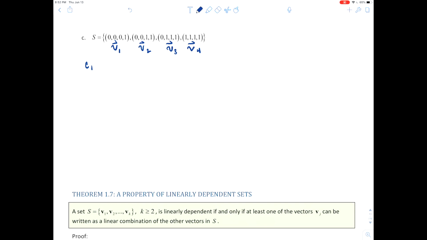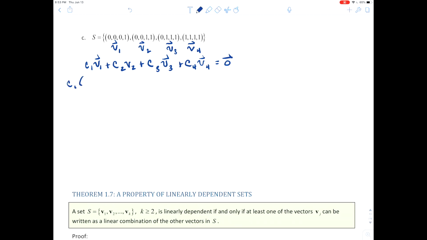Beautiful. We're going to have C1 times V1 plus C2 times V2 plus C3 times V3 plus C4 times V4, and we set that equal to the 0 vector.